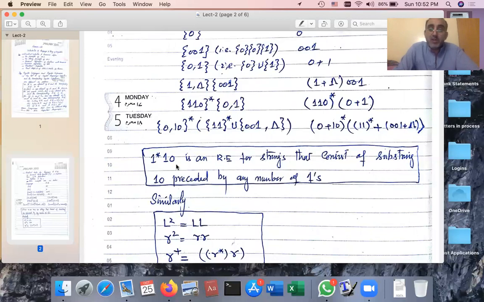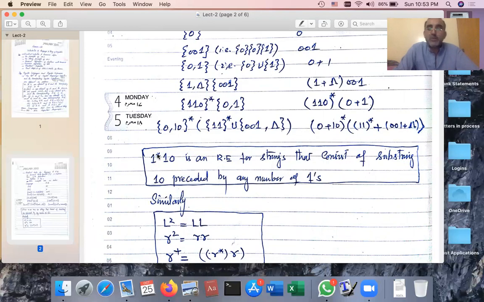This regular expression is a regular expression for a language that consists of the substring 10 preceded by any number of ones.